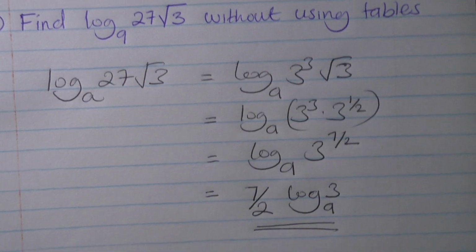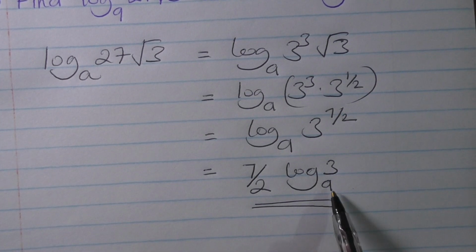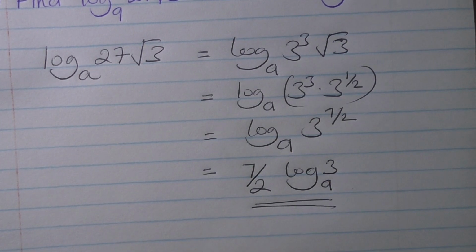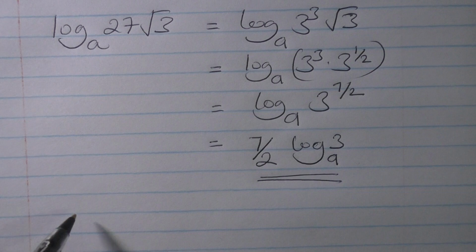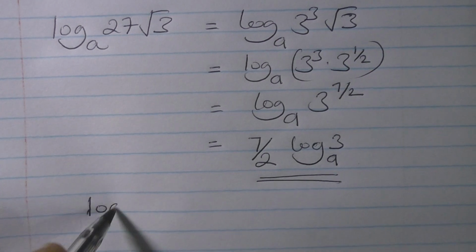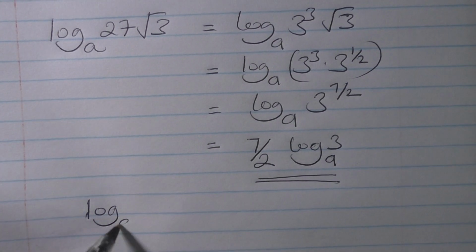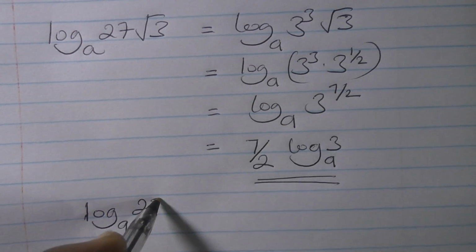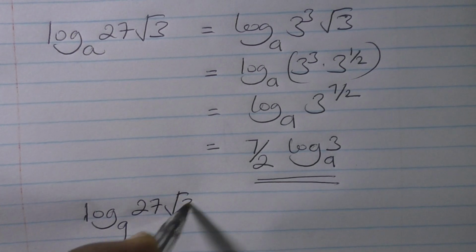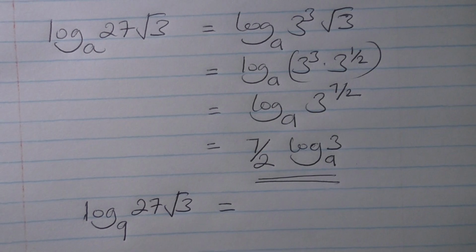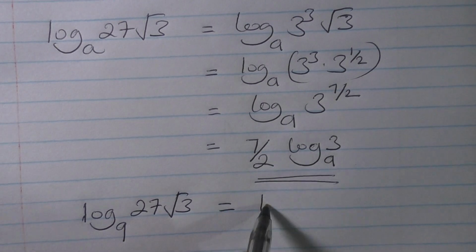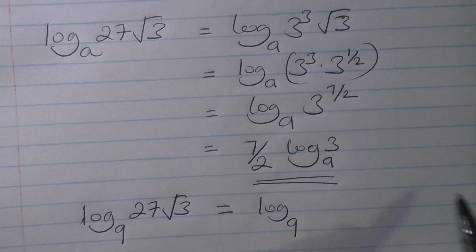Actually, let us do this where this a is a 9. If we had log 9, 27 root 3, then this would automatically become log 9.